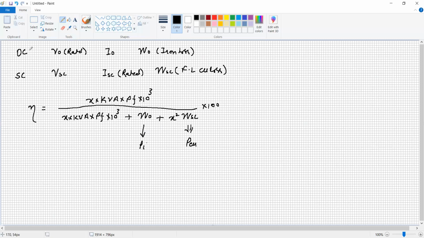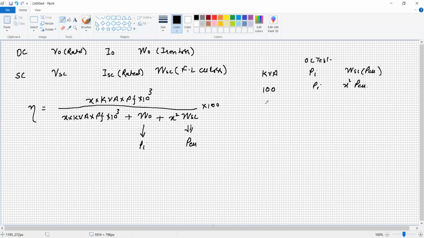Say, for example, from the tests some data has been found. Say this is the rated kVA of the transformer. PI is the iron loss found from the OC test, and from the short circuit test, WSC or PCU is found. At 100% load, PI will remain as it is, whereas x square into PCU applies, with x equal to 1.